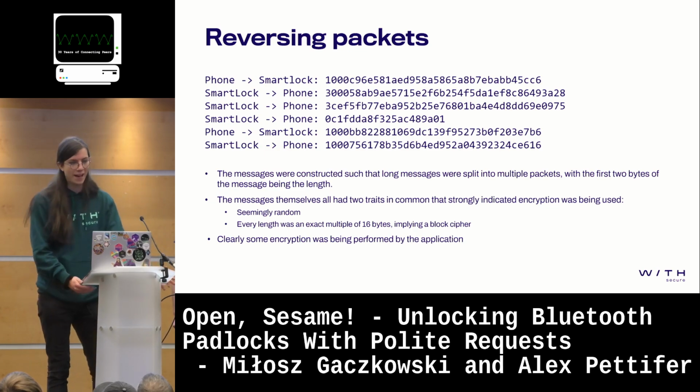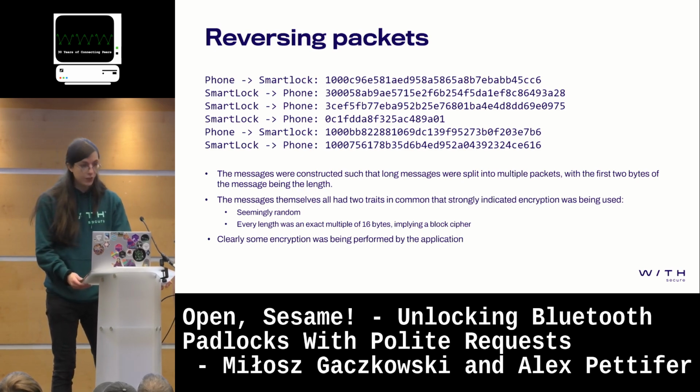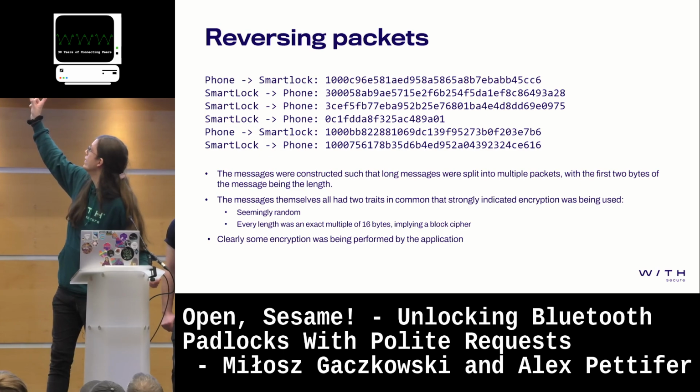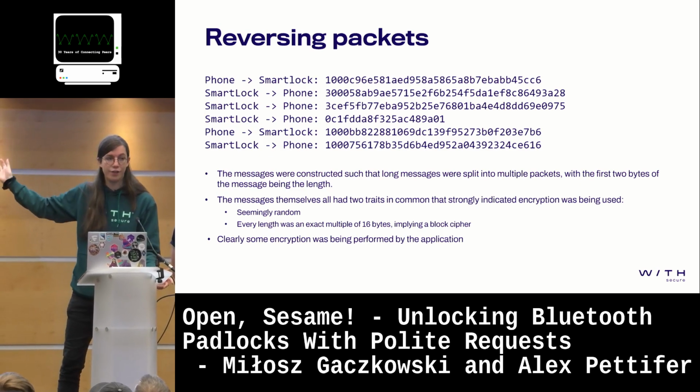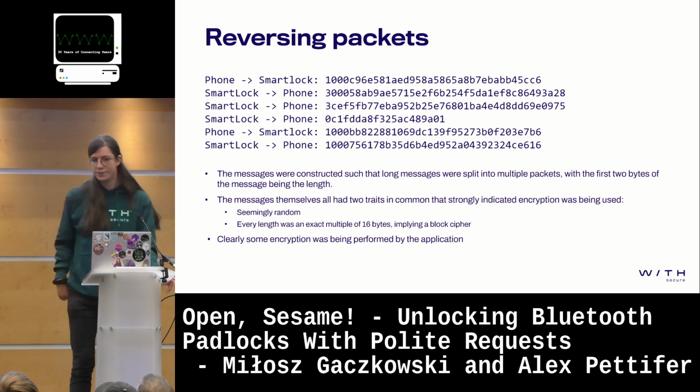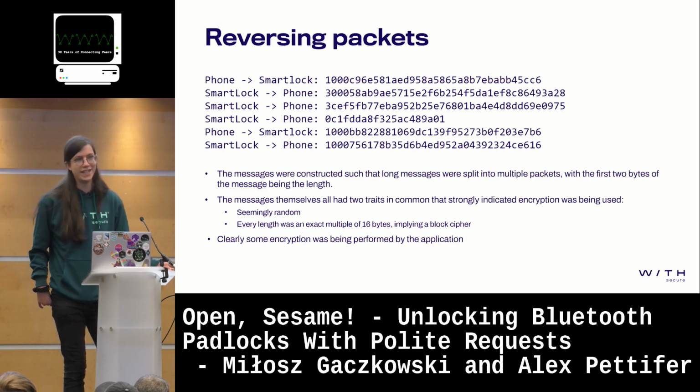There are some patterns. First of all, each packet starts with this consistent, what was found to be, length of the total rest of the packet, split between multiple messages, and all of the messages themselves were very random looking.